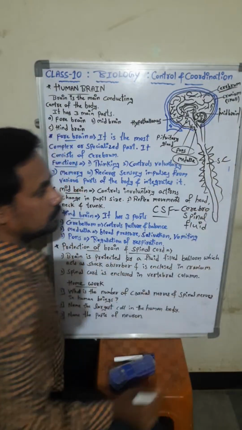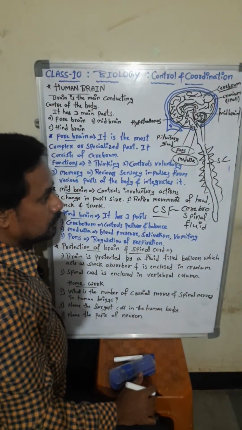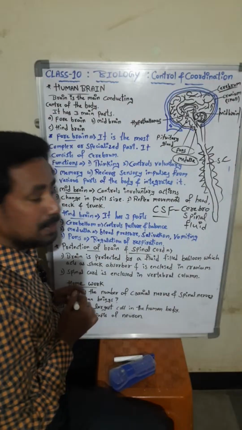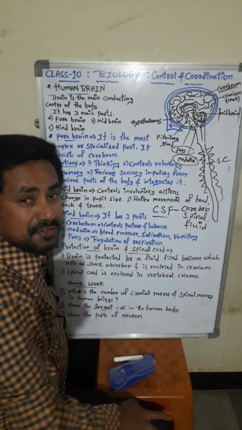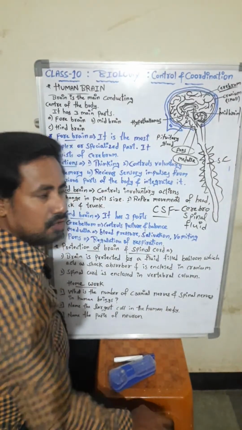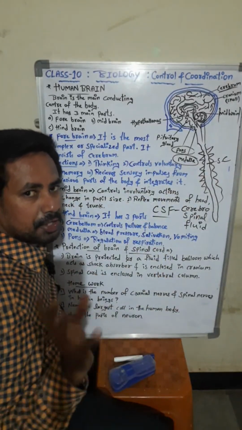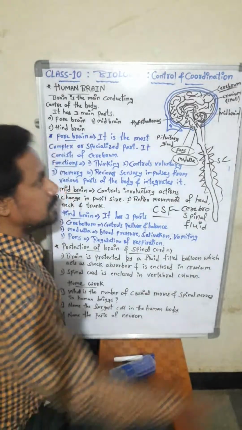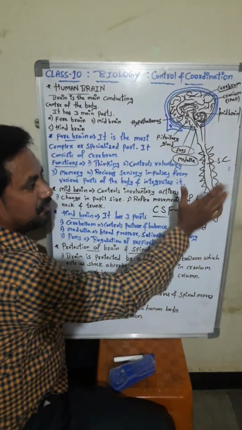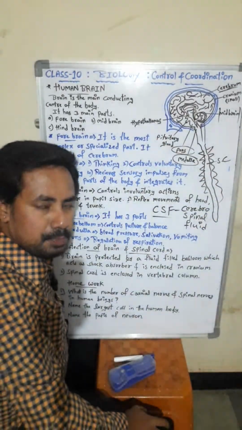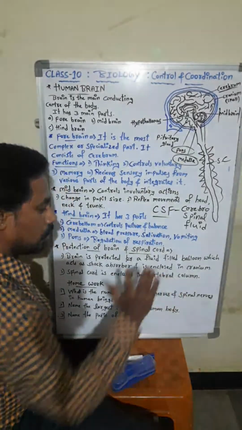Backbone. There are 33 bones present at our backside. It is helpful for bending. That backbone is responsible for protection of spinal cord. Is it clear, students? Brain is protected by cranium and CSF, and spinal cord is protected by vertebral column.